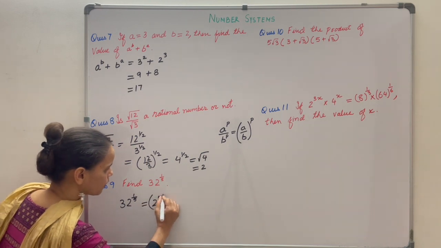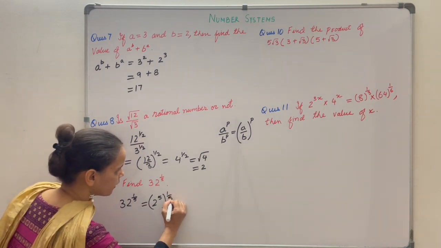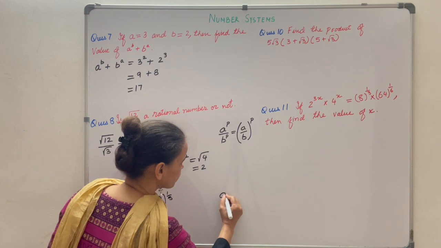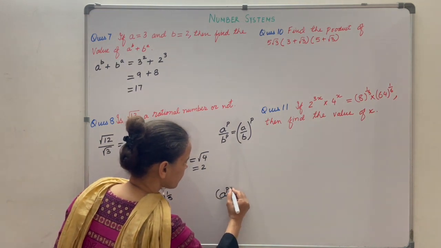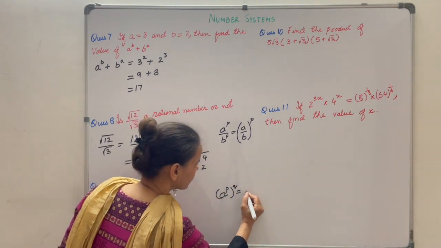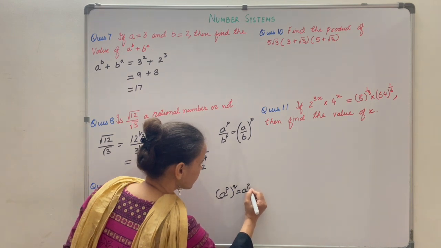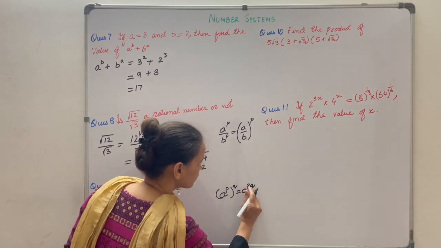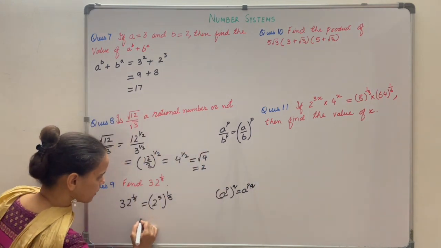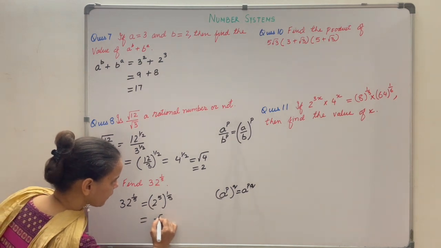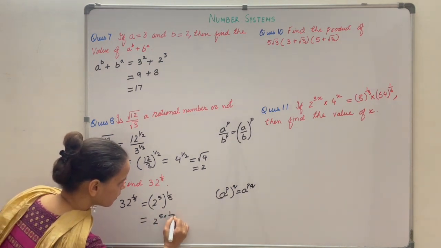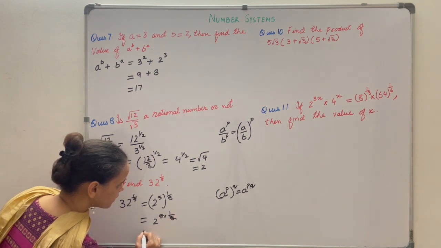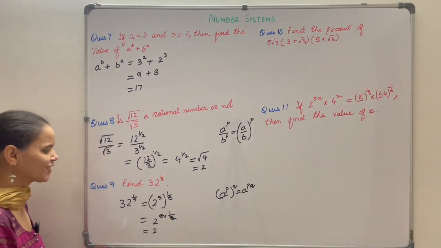This is whole raised to the power 1 by 5. So using this law we will solve. a raised to power p whole raised to power q is equal to a raised to power p into q. So you have to just multiply the exponents. So you have 2 raised to power 5 into 1 by 5. You can cancel it out. So you will have the answer as 2.